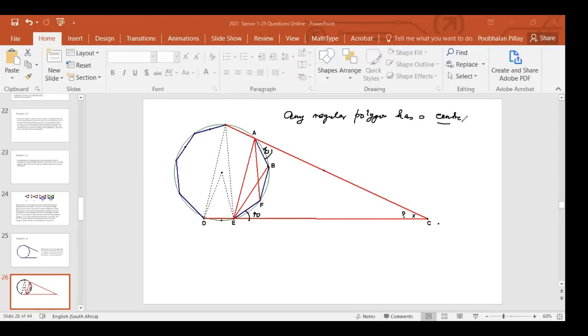By center, I mean the center of a circle containing all the vertices. So there is always a circle that contains all the vertices.